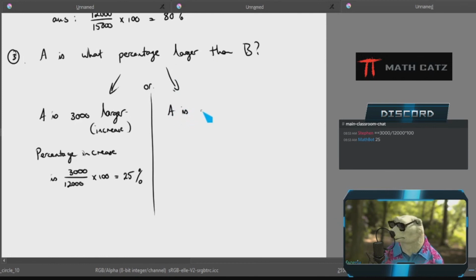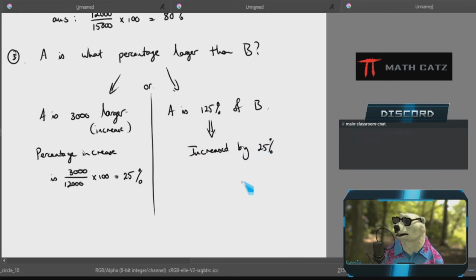A is 125% of B. Not 125% larger, it's just when I compare the two amounts, A is of course the bigger one. So from this, I also get an increase of 25%. Lots of ways you can phrase it, doesn't really matter. In both cases, I get the 25.